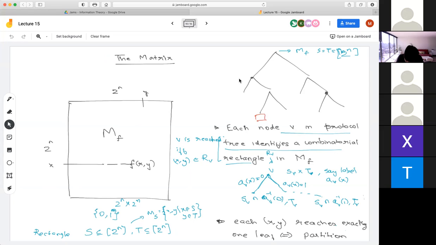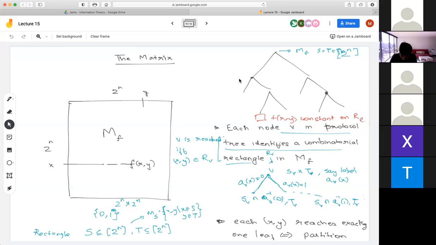So the function is constant on the rectangle at this leaf, because once you are down at the leaf, the protocol has one fixed value which it outputs. We know it always correctly computes the function, so the function must be constant on the rectangle identified by every leaf of this tree.